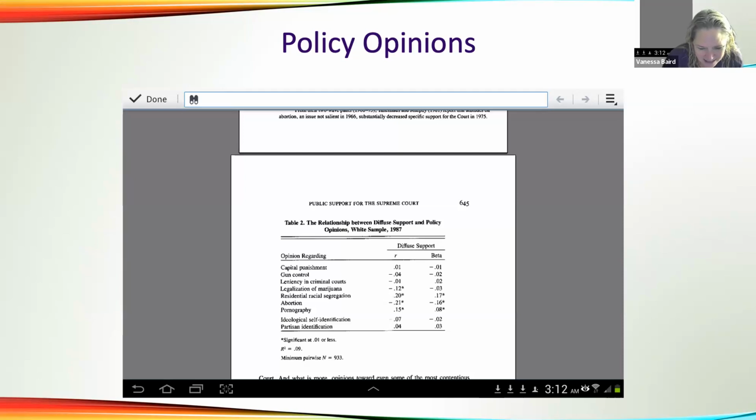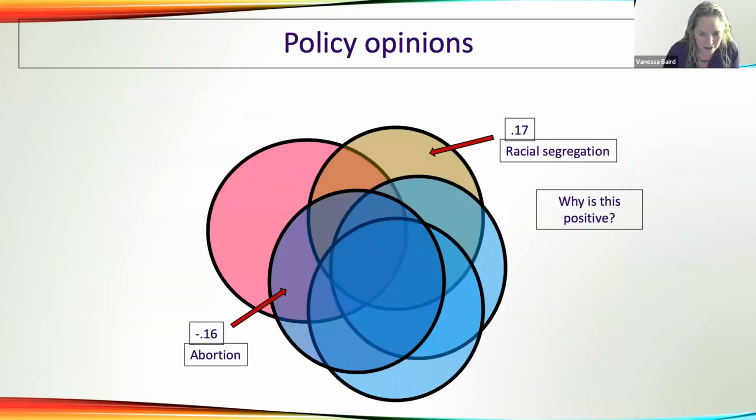And we're not really seeing that much. The policy of allowing racial segregation to exist is slightly correlated, as is being pro-abortion, but these coefficients aren't much to speak of, right? You would think being pro-abortion is super correlated now, but then it wasn't.